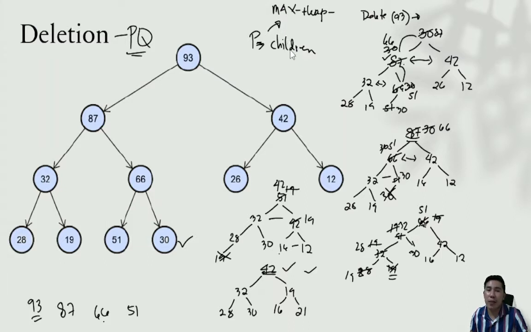We implemented the max heap property, so it's always going to be the max value. Every time you delete, you will always delete the root, and since the root is the max in a max heap, it gets deleted.